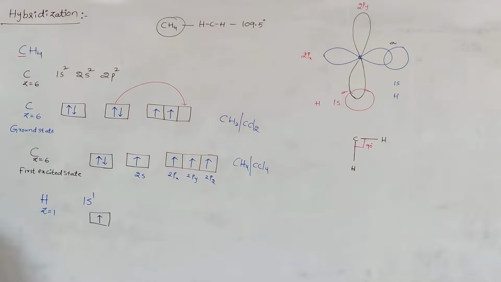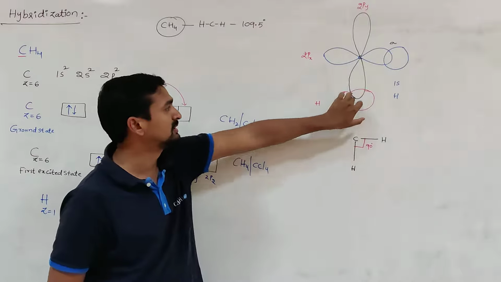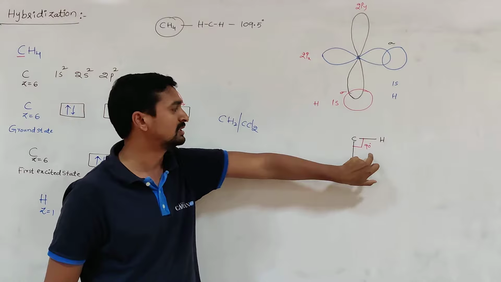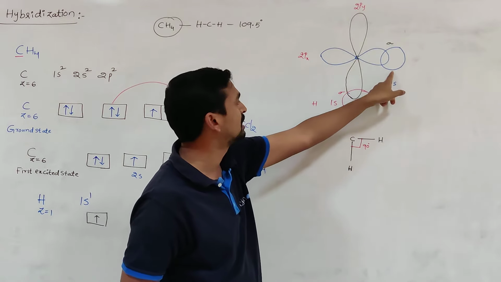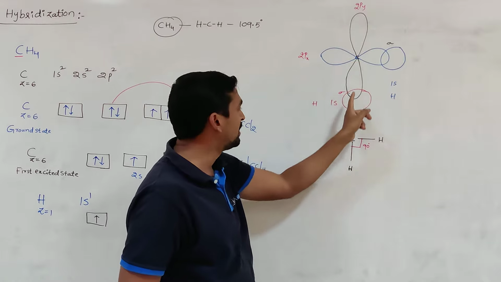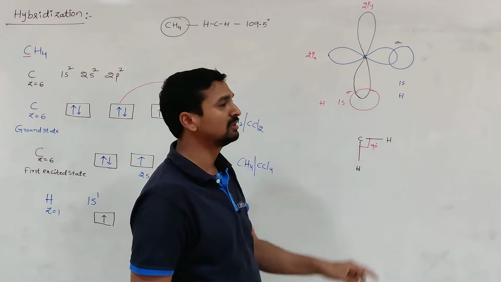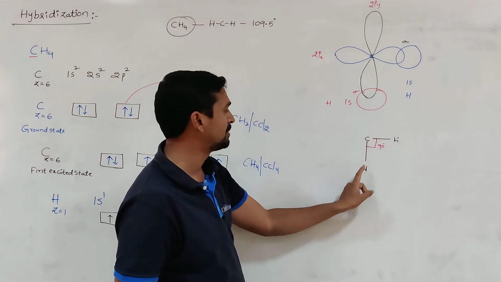So this could not be explained by the valence bond theory proposed by Heitler and London. Because the actual bond angle is 109.5, but if you consider this overlapping concept, the 2px orbital is overlapped with a 1s orbital and the 2py orbital is also overlapped with a 1s orbital. Both result in the formation of a sigma bond between carbon and hydrogen.